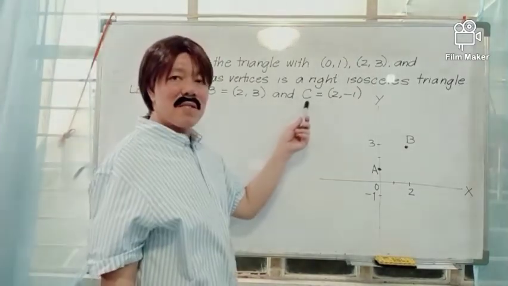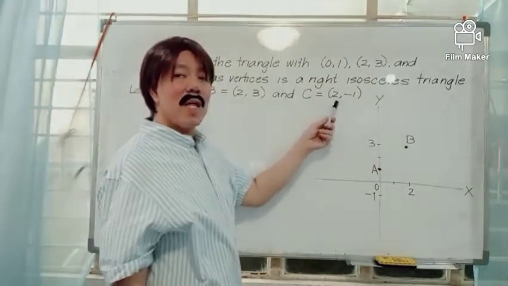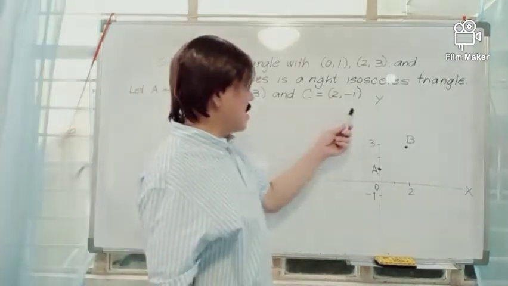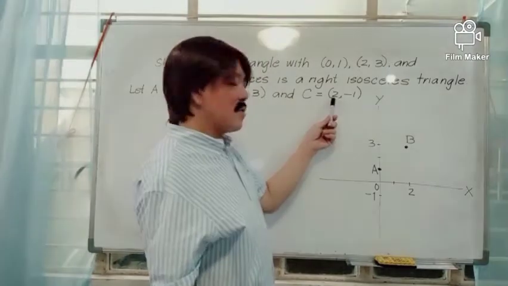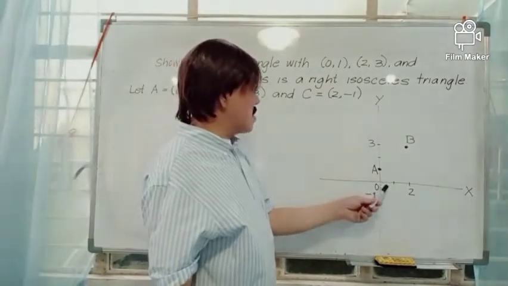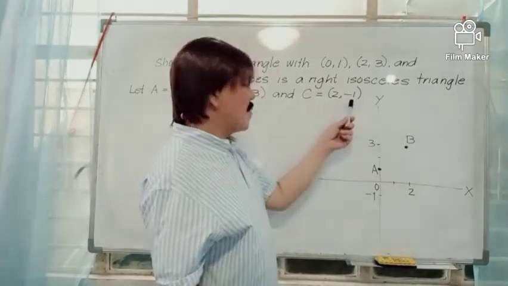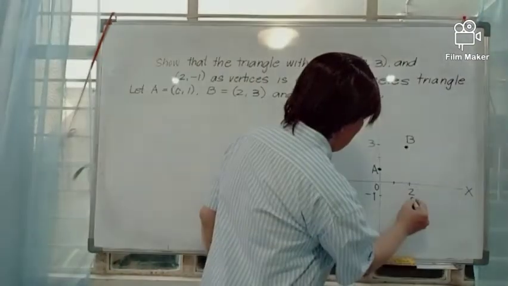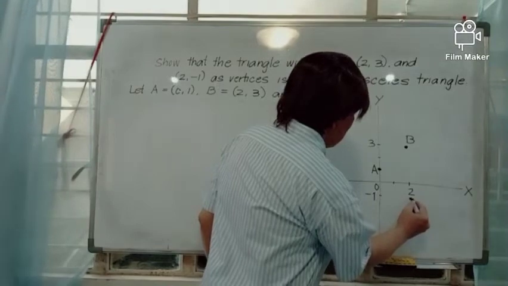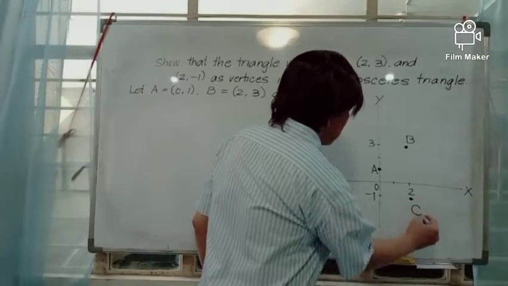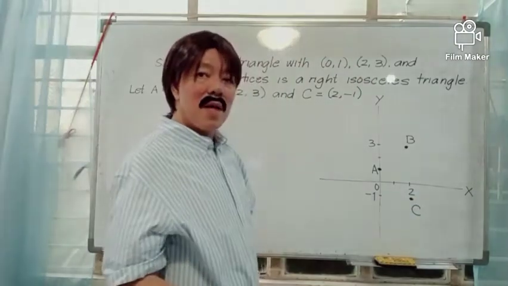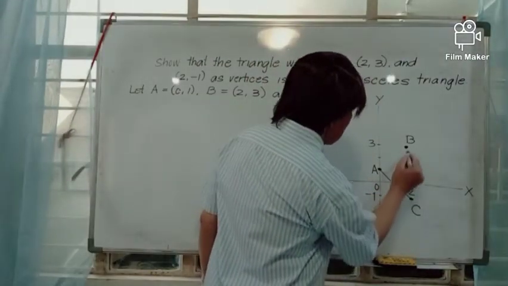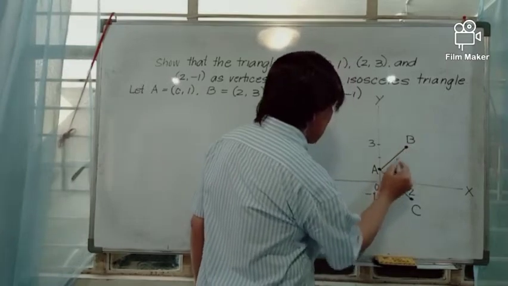And the last vertex of the triangle is at the point 2, negative 1, which we denote by C. From the origin, you count 2 units on the positive x-axis, 1, 2, and 1 unit downward. This is the third vertex, C. And we connect these vertices to construct the triangle.